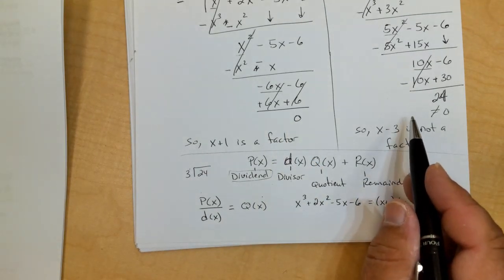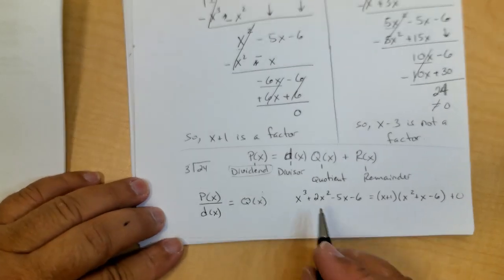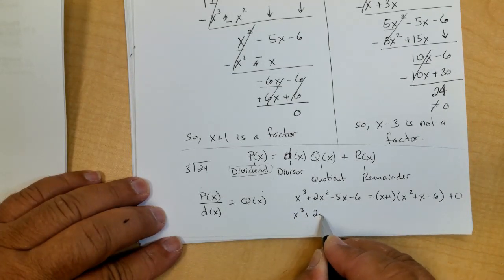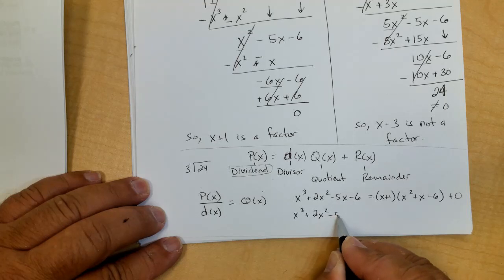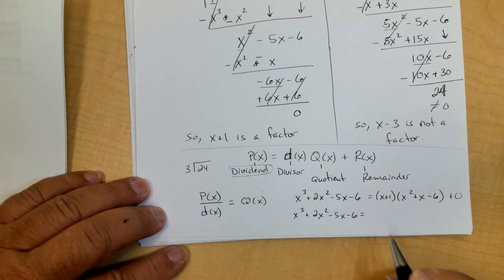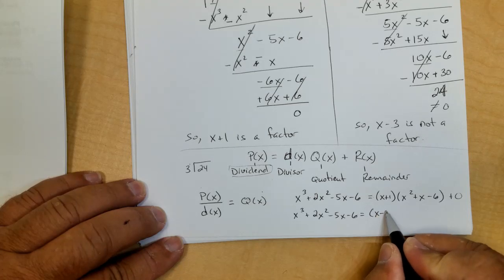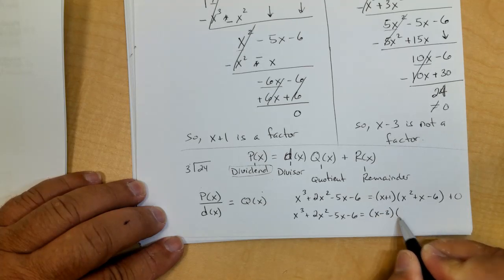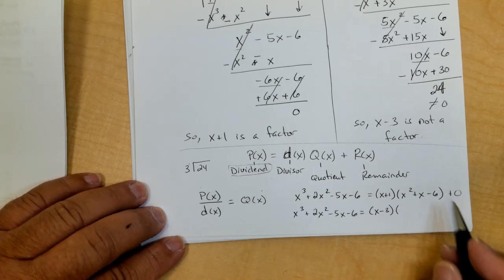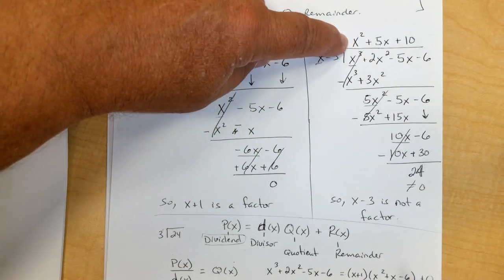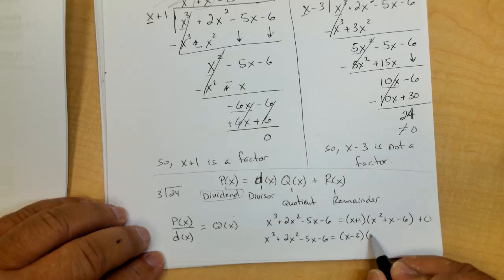But the second one, x cubed plus 2x squared minus 5x minus 6, divided by x minus 3, gave us x squared plus 5x plus 10.